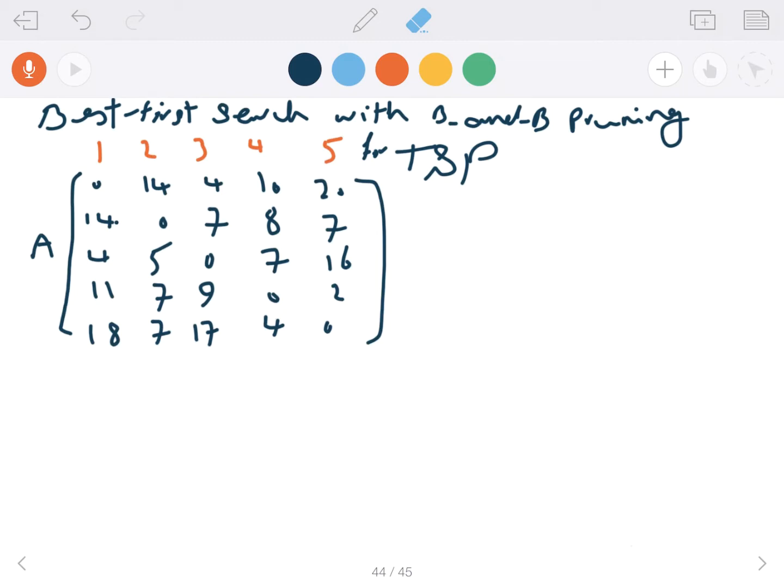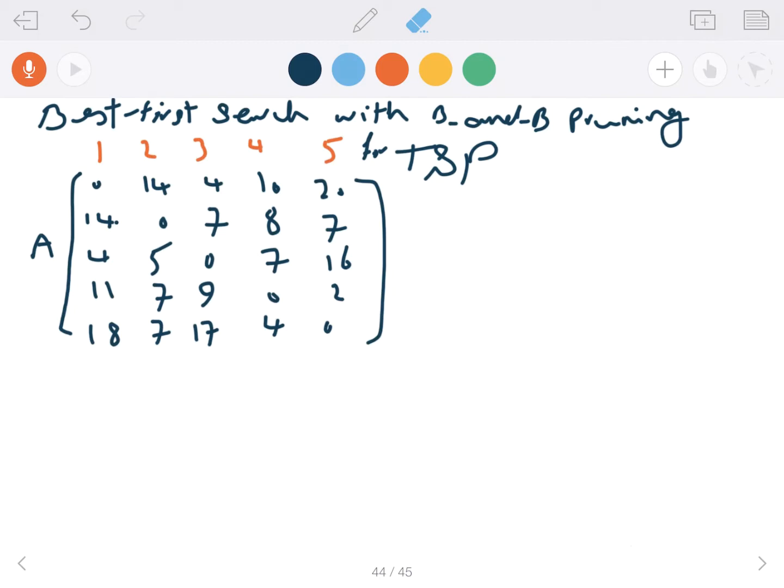TSP doesn't depend on which node is your start, because given any start node, you can go back to the same source. So let's say we are starting from node 1. What's the minimum distance from node 1 to any other node?